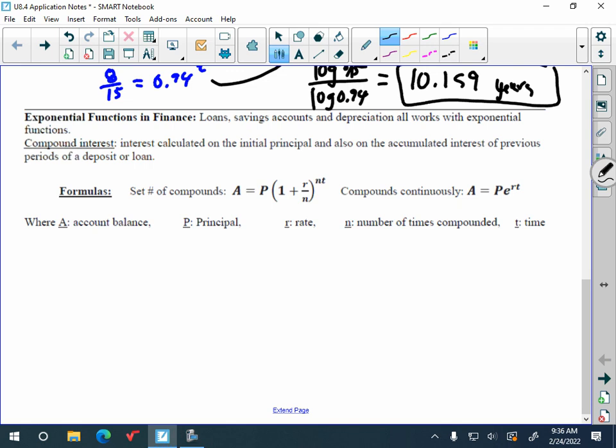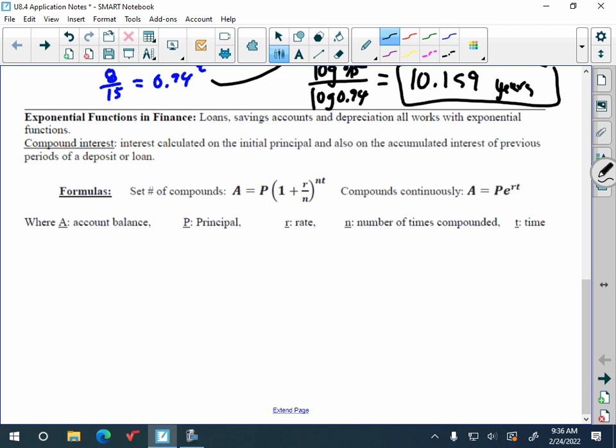Now, n is how many times it's compounded in a year. So that's how many times the bank is going to add interest into the amount of money that you already invested. So you're looking for a keyword after the word compound. If it's compound annually, that means 1 time, so n is 1. If it says semi-annually, that means 2 times a year, so 2 times a year the bank will add money into your account.